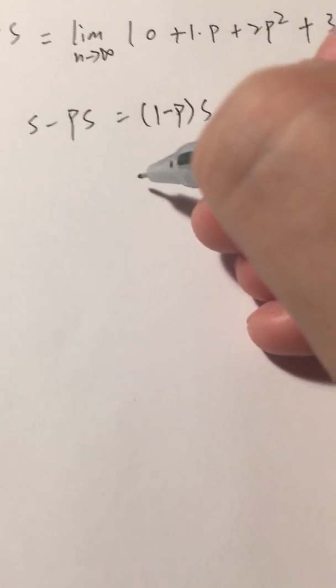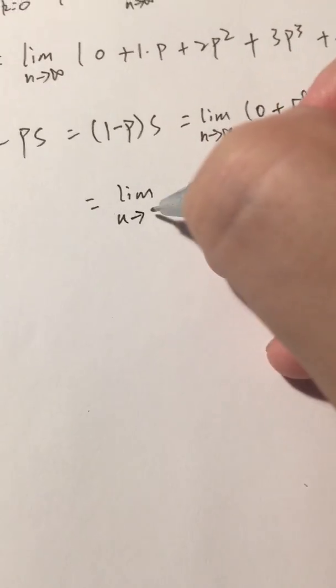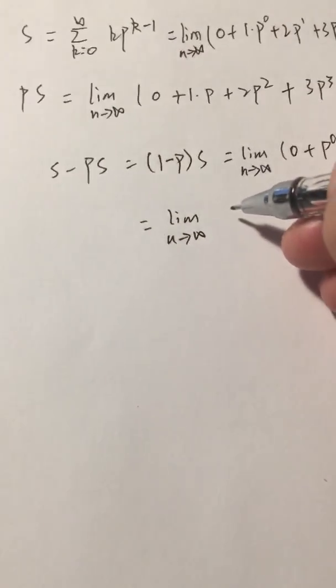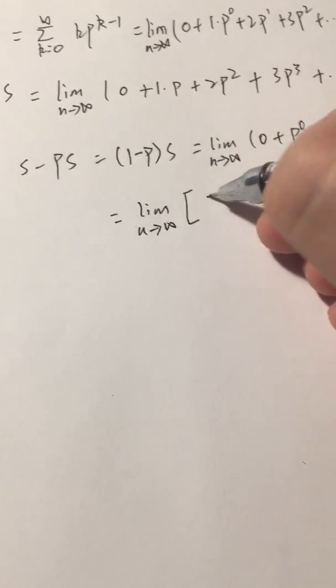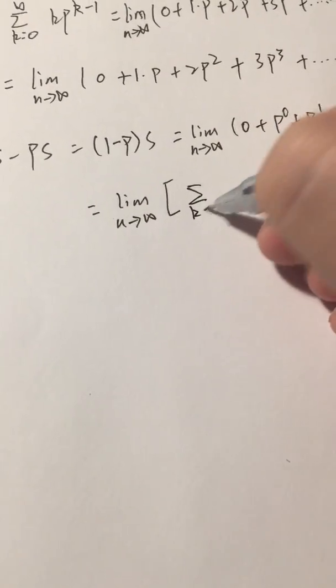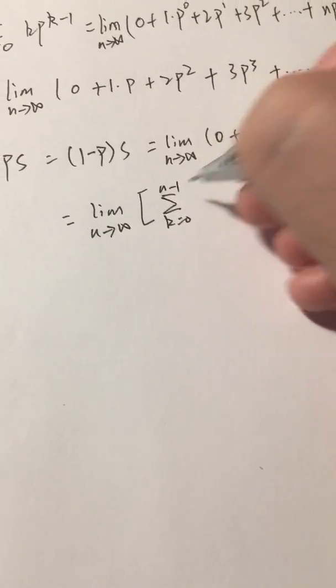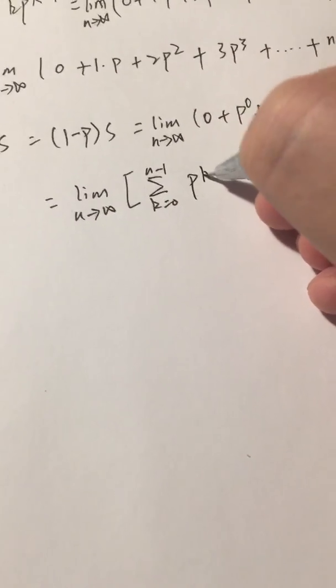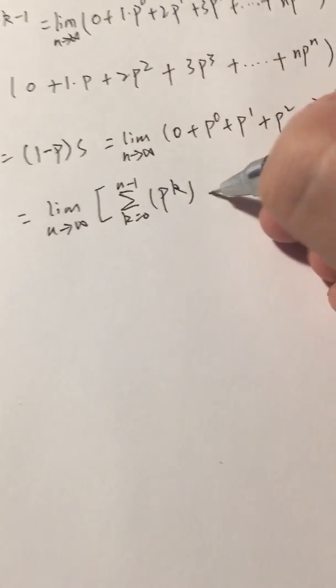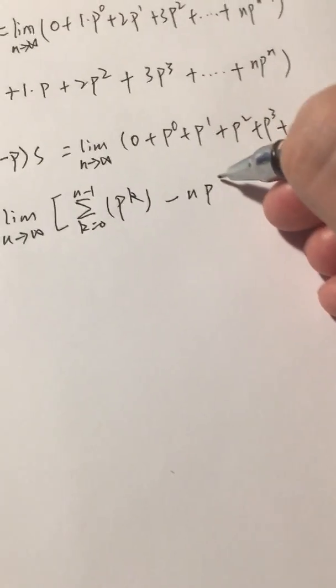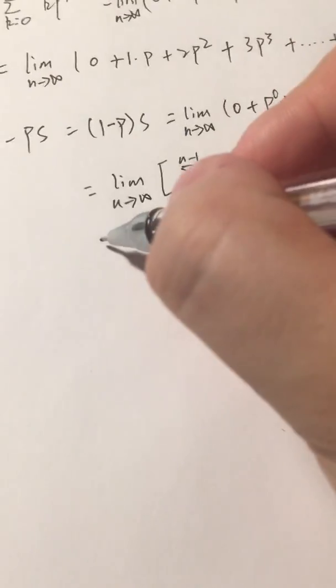We can easily get the result is the limit as n goes to infinity of the sum k equals 0 to n minus 1 of p to the power k, minus n p to the power n.